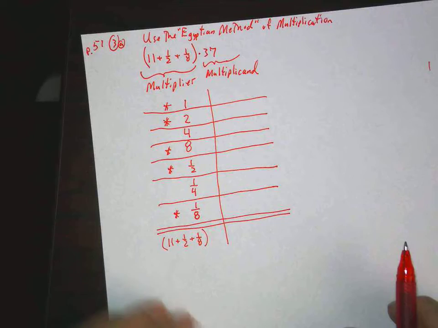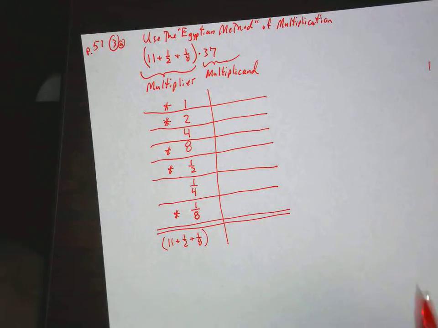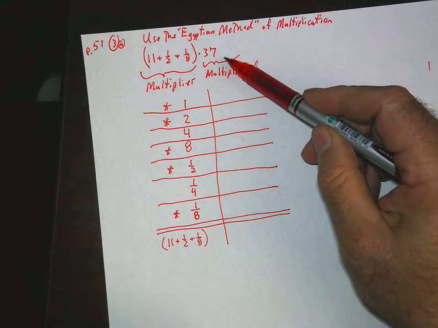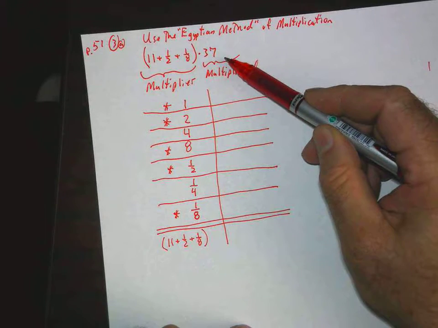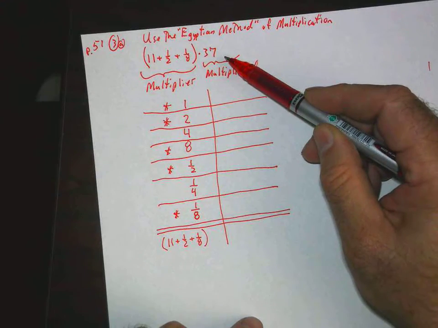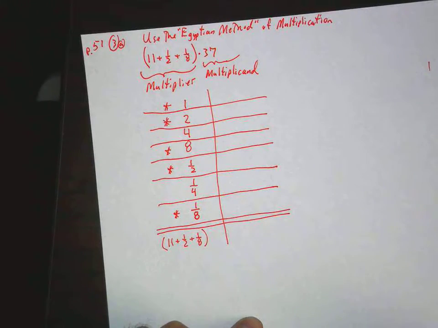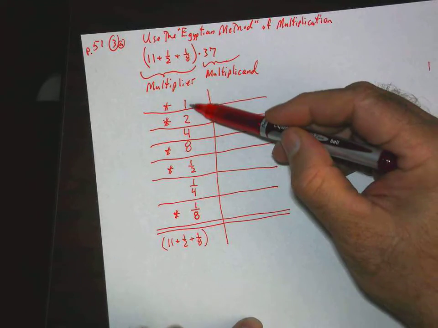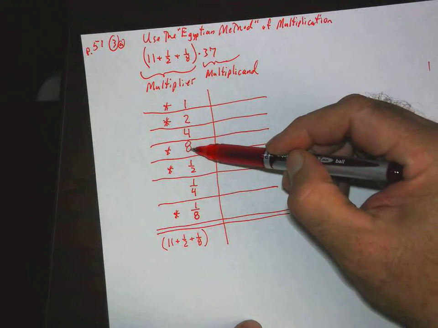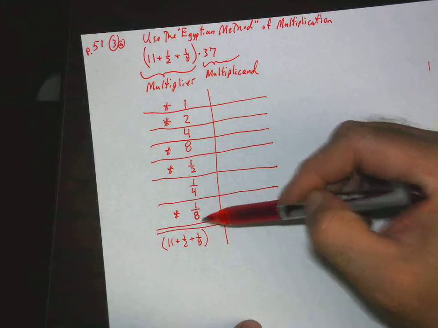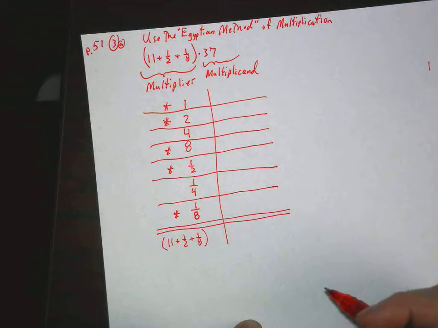Now, our next step is to multiply the multiplicand, that's 37 in this case, by those powers of 2 whose sum yields the multiplier. Okay, so that's 1, 2, 8, 1/2, and 1/8. I multiply all of these by the multiplicand.